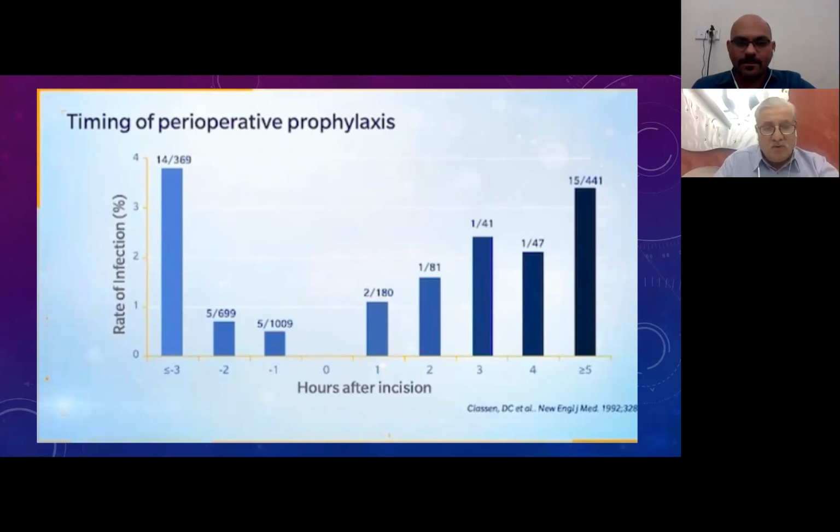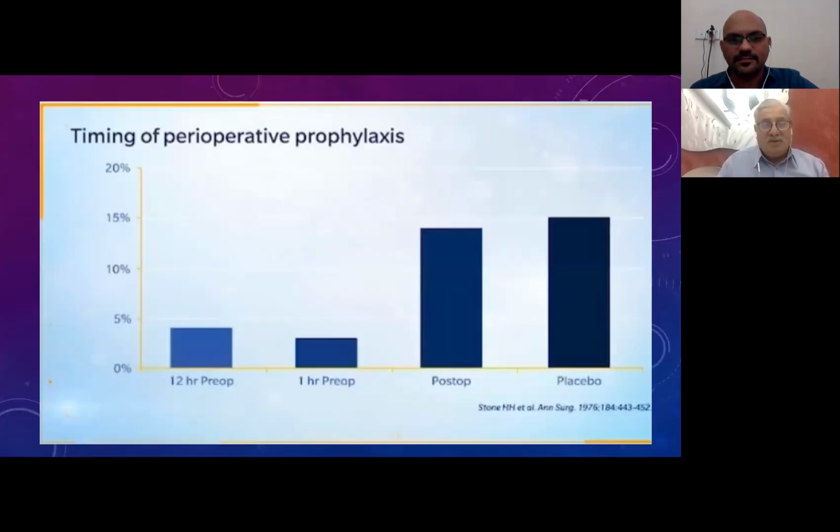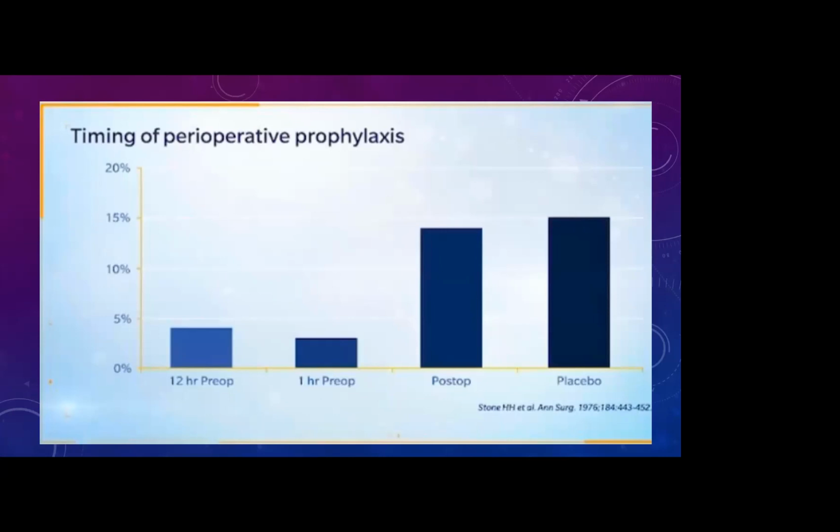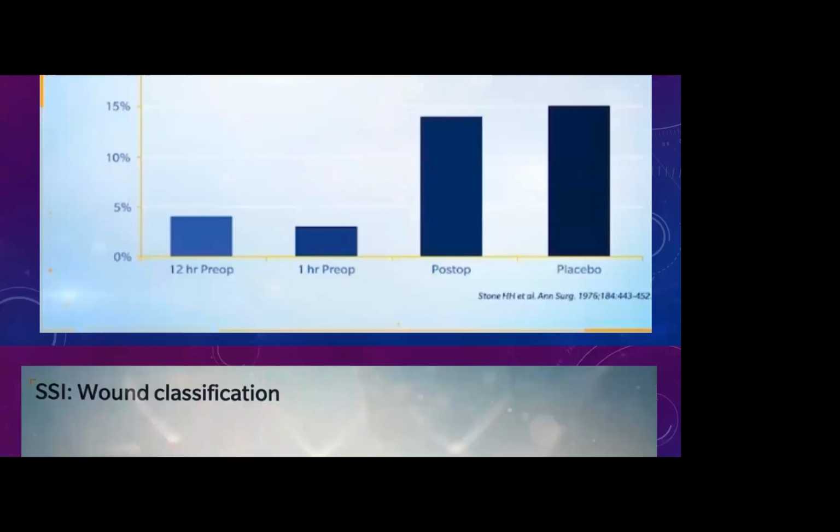In this diagram, if you give it before 3 hours, the first column, or after 5 hours, the last column, the infection rate will be high. The best is when you give it 1 hour before the incision. If you compare the column of 1 hour to 12 hours preoperatively, or giving it postoperatively or placebo, the best time is preoperative to get less PJI or SSI.